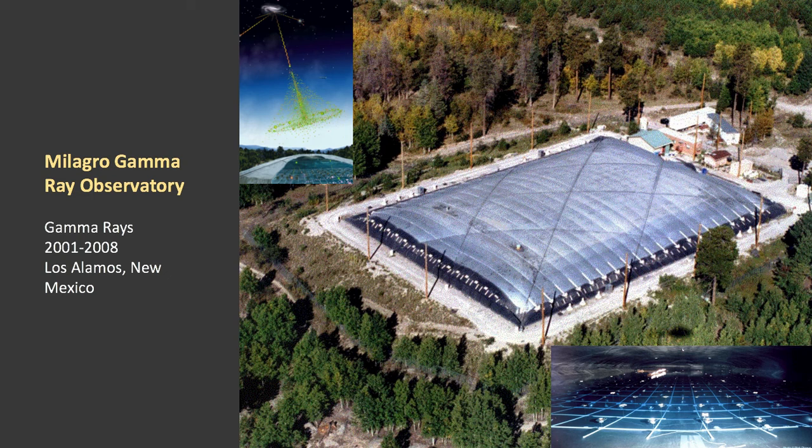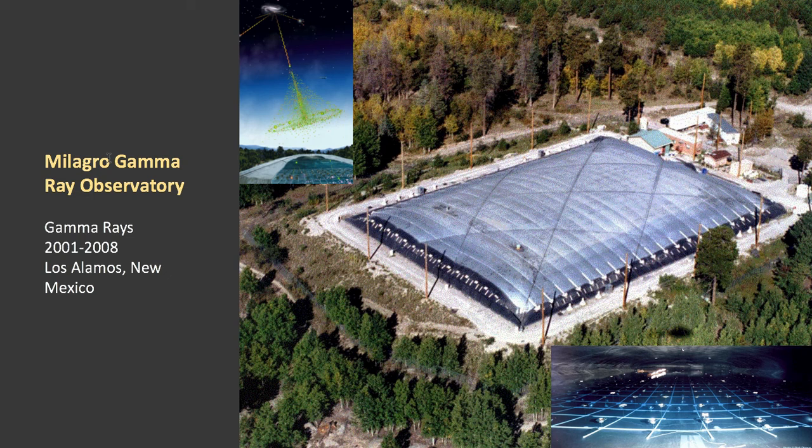For gamma-ray astronomy, as an undergrad, I got a chance to work on a gamma-ray telescope called Milagro. And even though gamma rays are even higher energy than X-rays, meaning that they're even less likely to pass through our atmosphere, the shorter the wavelength, the more it gets absorbed in our atmosphere.